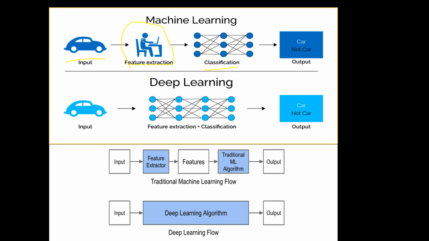However, in deep learning, in a single network, we combine both the feature extraction and the classification. In the traditional approach, we have feature extractor, features, traditional ML, output. But in deep learning, we give the input to the deep learning algorithm and get the output. It learns the features as well as the classifier between those features.